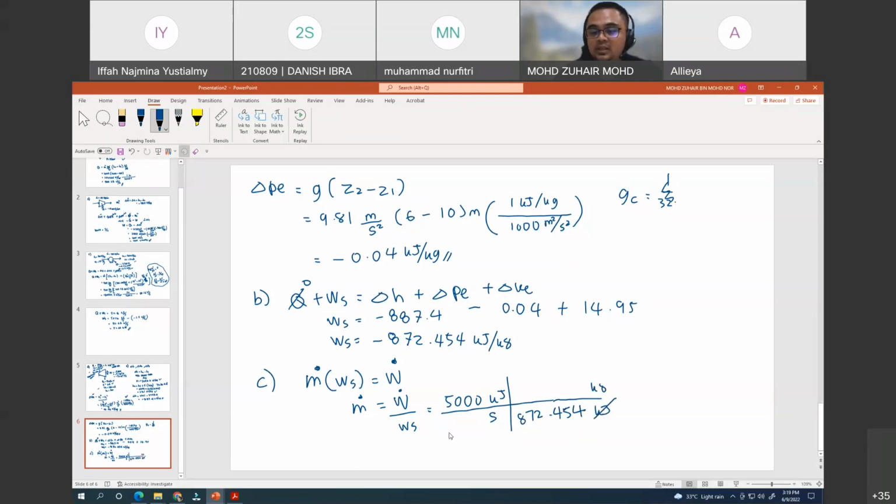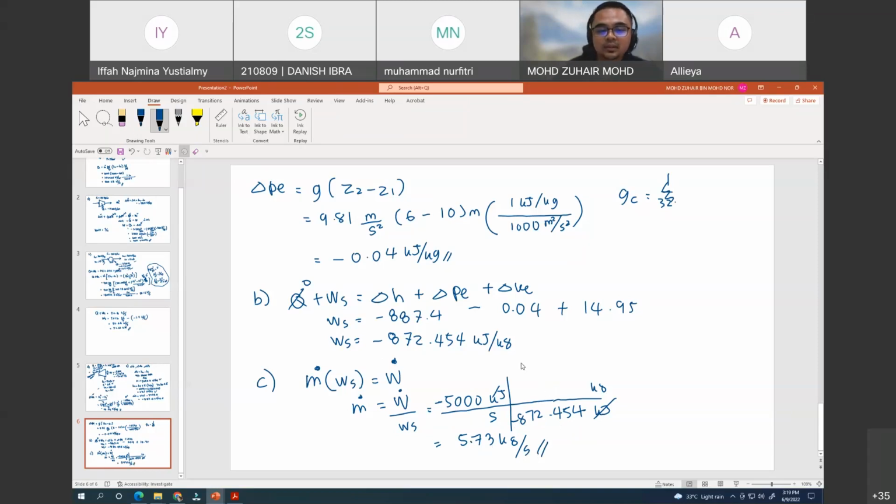So we can change this. So at the end, we are going to get 5.73 kg per second. So this is negative, this is also negative, so it's going to be positive. Okay, so at the end, for the mass flow rate is 5.73 kg per second.